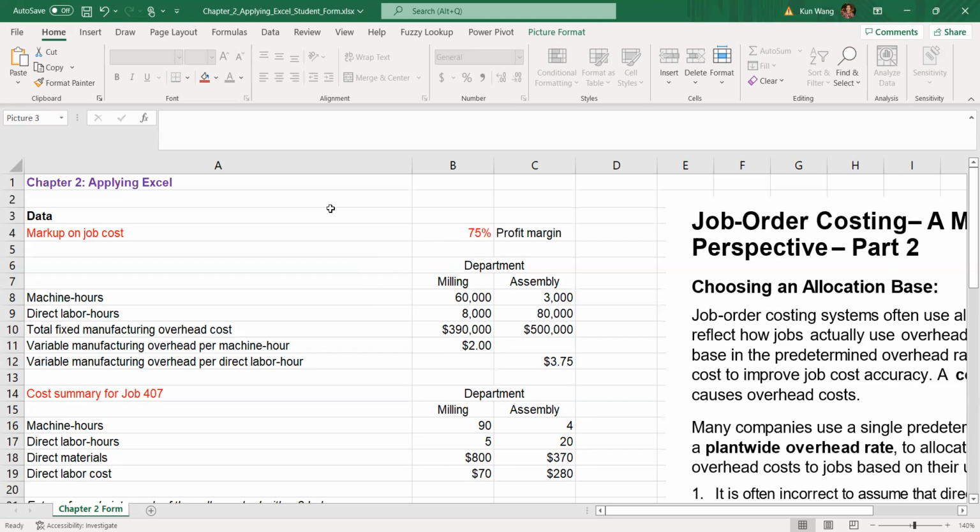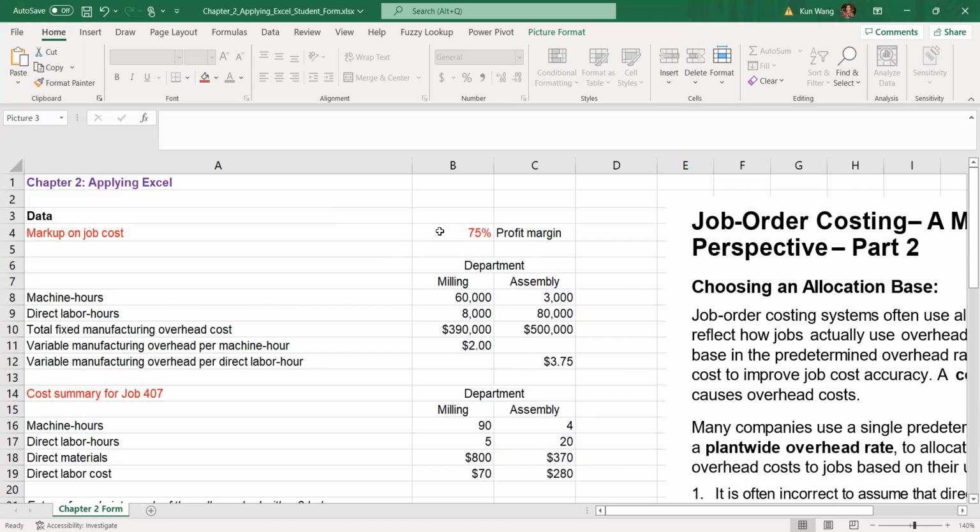So if the cost is $100 and my profit will be 75, then the price will be the cost plus the markup, 100 plus 75 markup. So the estimated charge price will be $175.